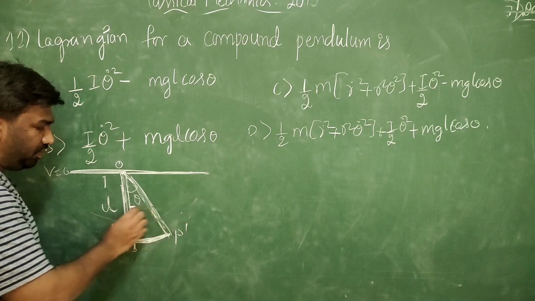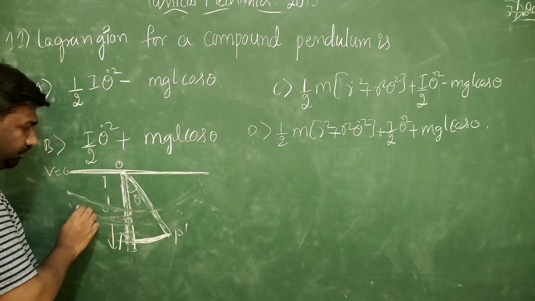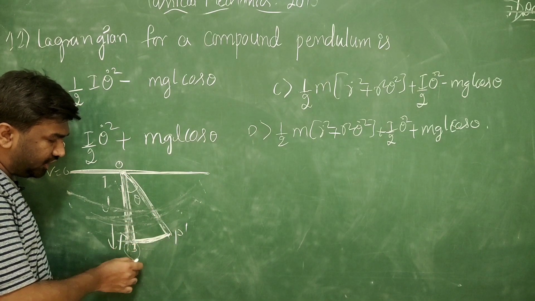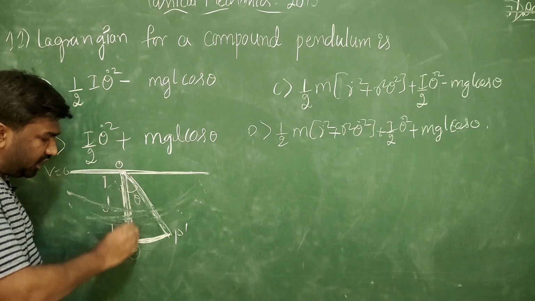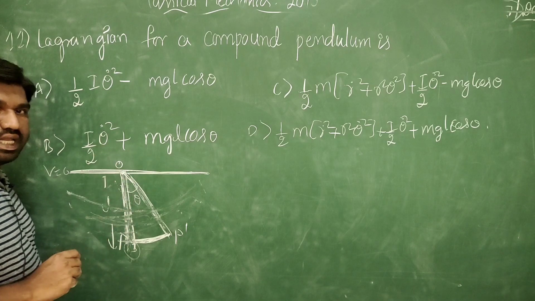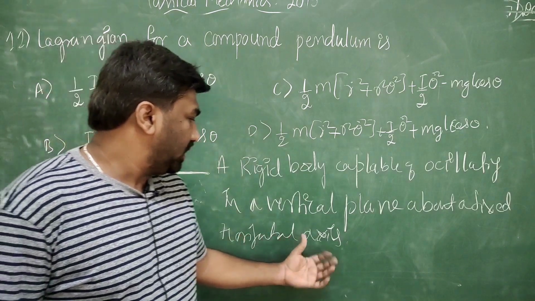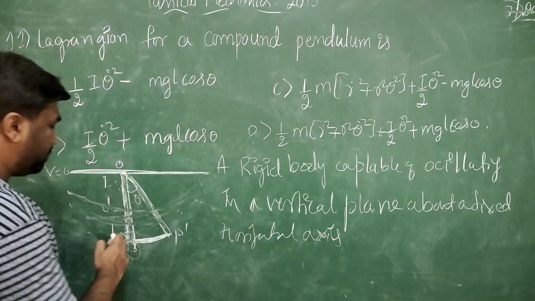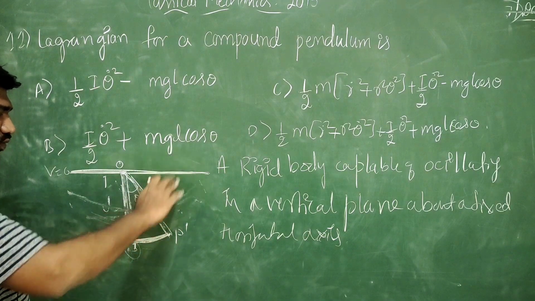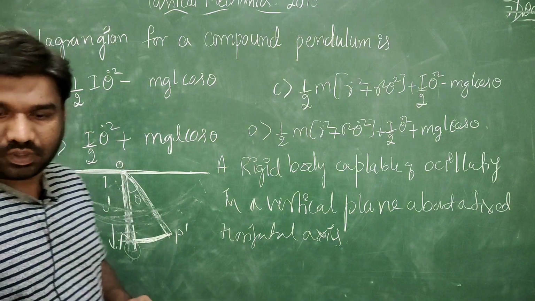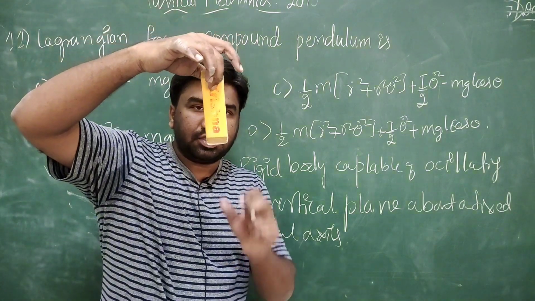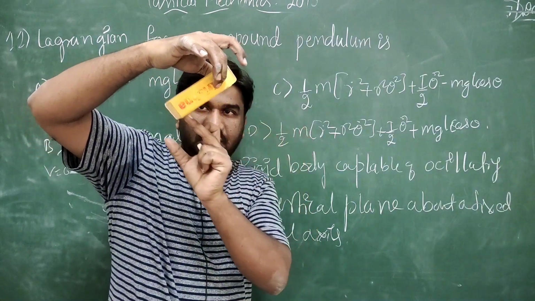So this pendulum is rotating like this. So we have to calculate a Lagrangian for a vertical direction, with a fixed horizontal axis. So this horizontal axis is fixed, and it is vertically oscillating. For example, let us consider this is a rigid body which is oscillating like this.